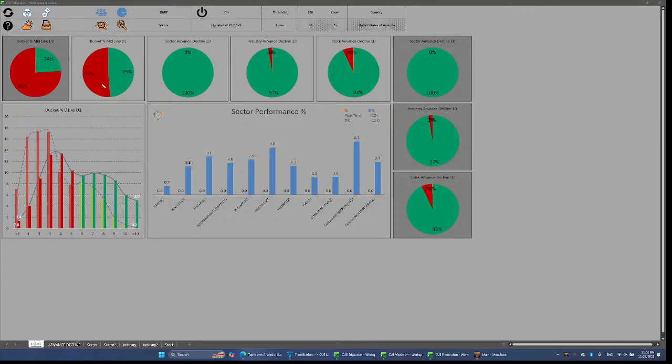First, bucket analysis. In spite of huge rally on Friday across stocks, industries, and sectors, still we have 51% of stocks below mid Bollinger Band. So the recovery was, sorry, not that one.